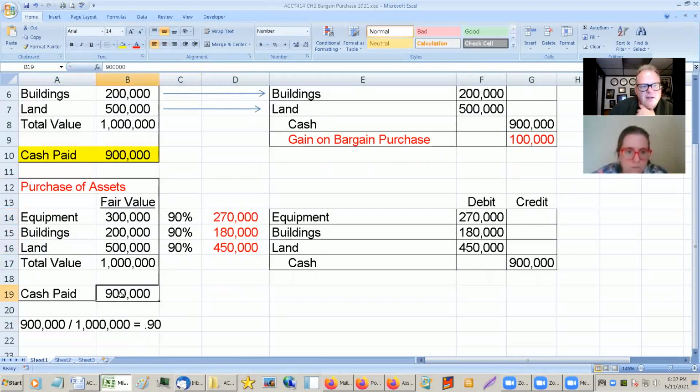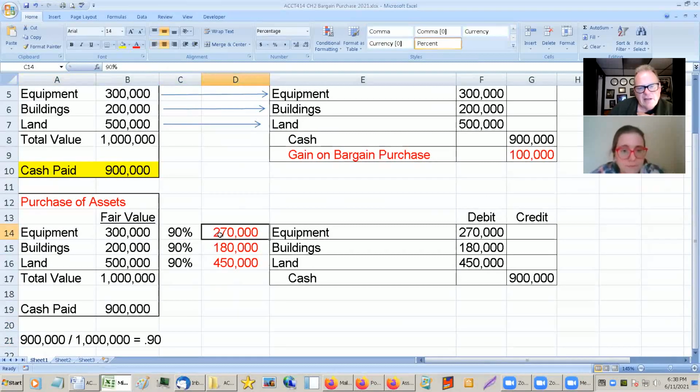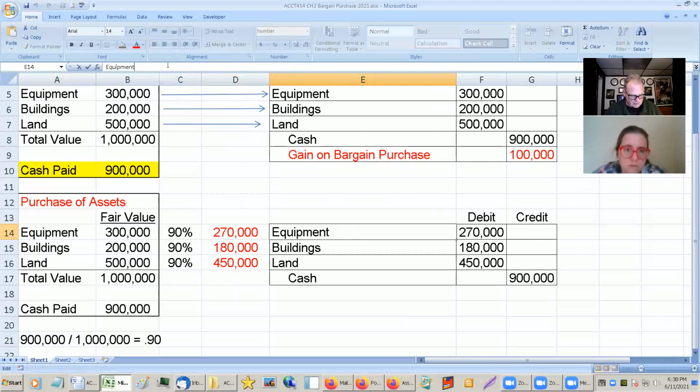So if you paid $900,000 for these $1 million, you basically paid 90% of the value. You'll multiply everything times 90%, so this will be equipment at 90%, and so on for all of these. And you'll never acknowledge that you got a bargain on the equipment or whatever.